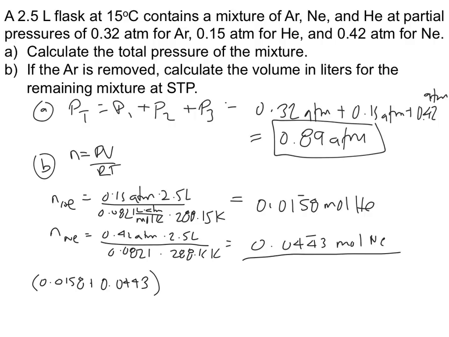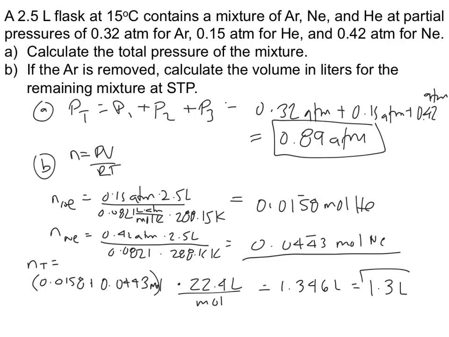We're going to sum those together, and then multiply this value, because these are our number of moles, times 22.4 liters per mole. That's going to give us 1.346 liters, or 1.3 liters that those remaining gases will occupy.